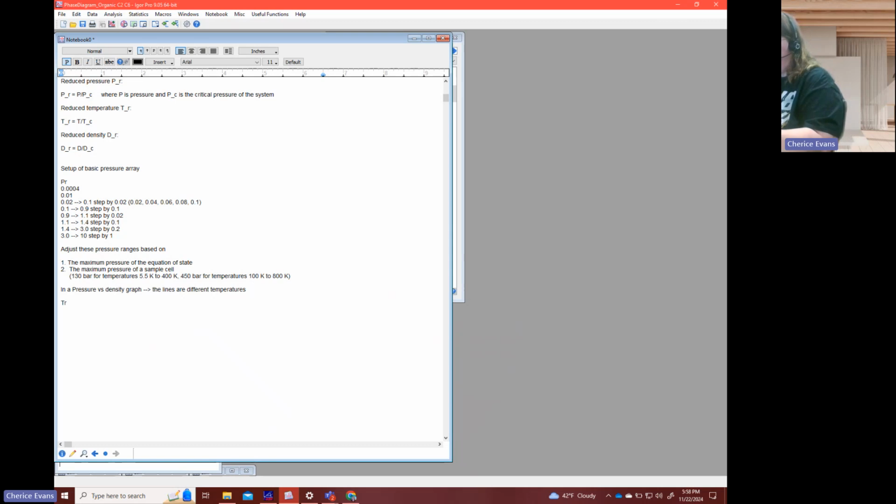if I look at, for instance, CO2, if I take the triple point temperature of 216.59 and divide it by the critical temperature, 304.13, I get 0.71 as the minimum reduced temperature. And then if I look at, say, benzene, I have a triple point temperature of 278.67, a critical temperature of 562.02.